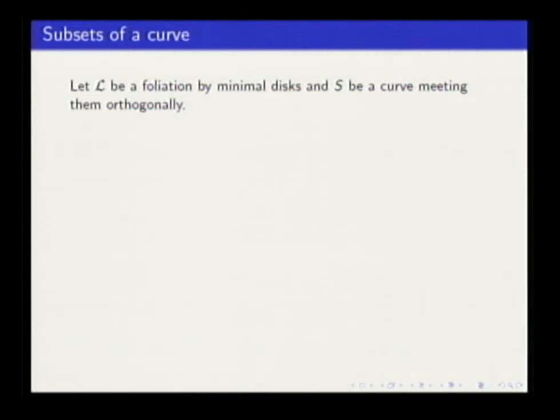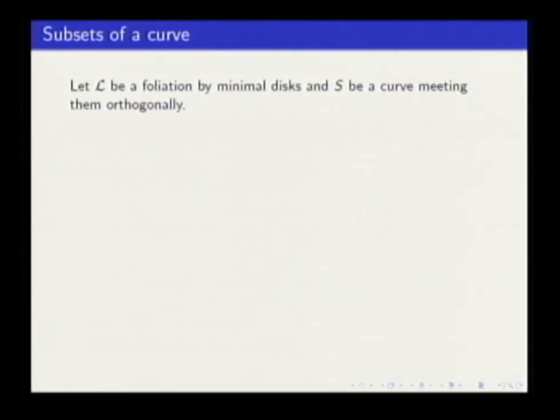It's easy to make lots of examples of open sets foliated by minimal disks. For instance, you could take any minimal surface you like, and take a small piece of it.